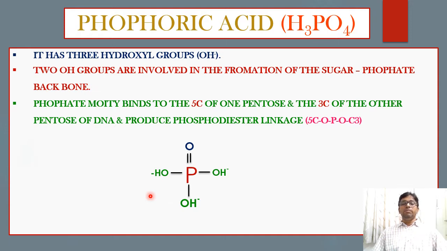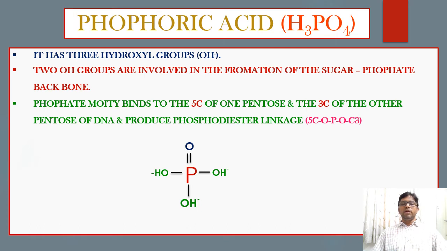Phosphoric acid has 3 hydroxyl groups, of which 2 hydroxyl groups are involved in the formation of the sugar phosphate backbone. The phosphate moiety binds to the 5th carbon of one pentose sugar and the 3rd carbon of the other pentose sugar of DNA and produces a phosphodiester bond or phosphodiester linkage.